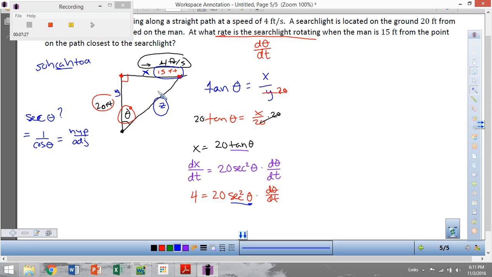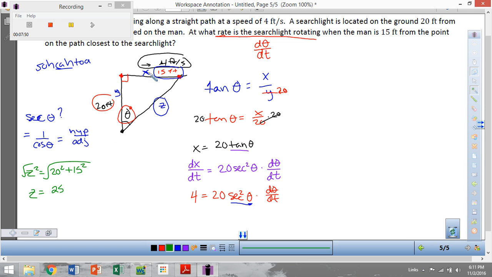So I've got those two things. When he's 15 feet away, I can find what the hypotenuse would be at that time by simply using the Pythagorean theorem. So z squared would be 20 squared plus 15 squared. And if I take the square root of that, that's going to give me a z value of 25.